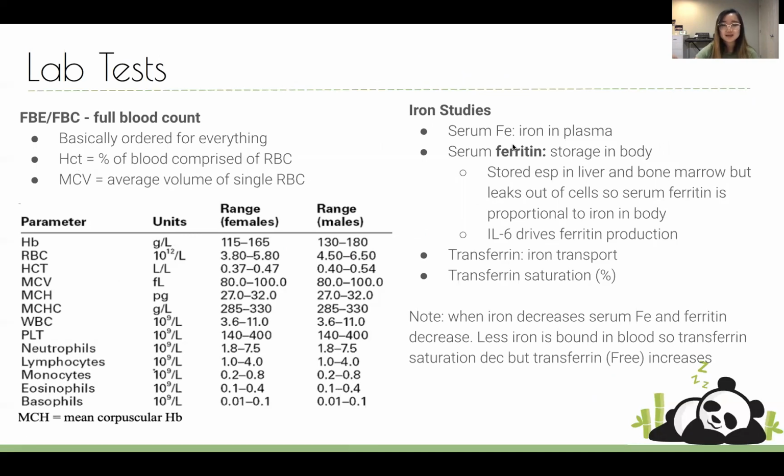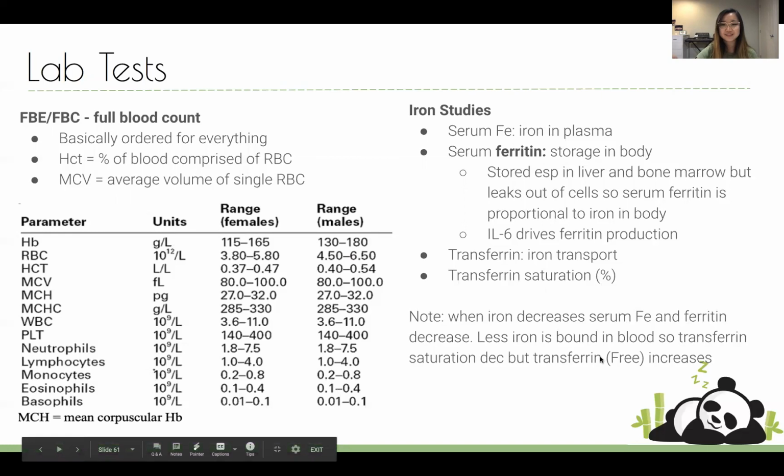For iron studies, you have your serum iron and serum ferritin, which is your storage in your body, mainly in liver and bone marrow. This is the main thing people look at with iron depletion. Then you have transferrin for iron transport and transferrin saturation. Remember, when deficient, you have decrease, decrease, increase, decrease. There's less bound to transferrin, so there's more free transferrin, so to speak.